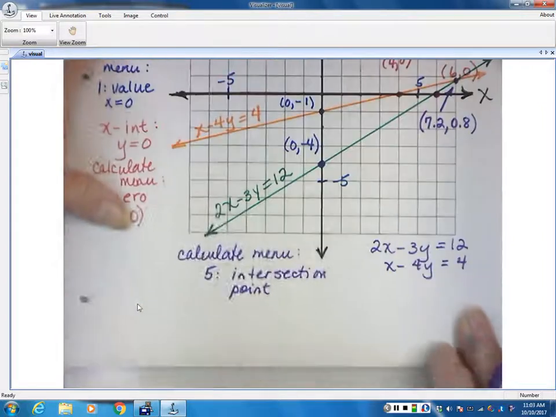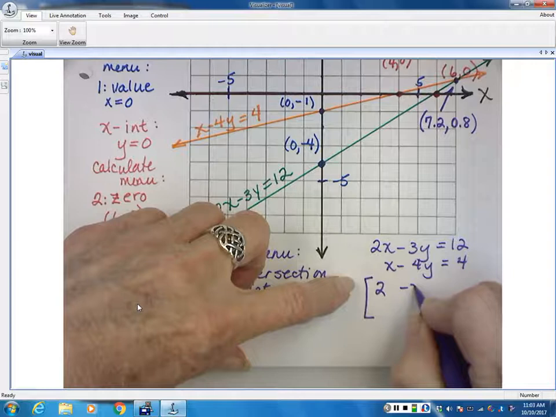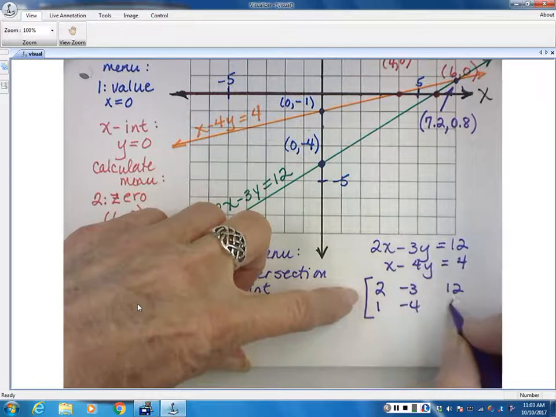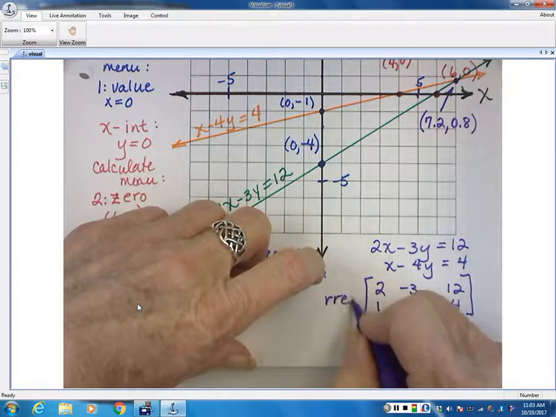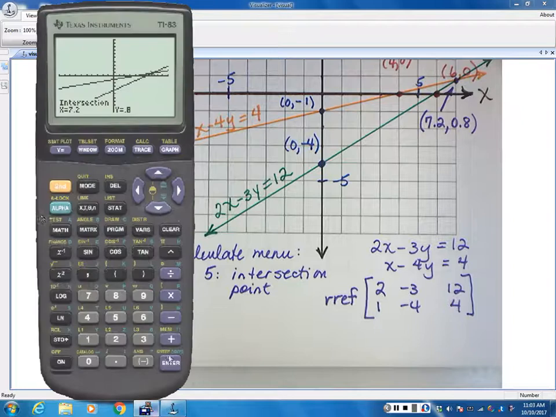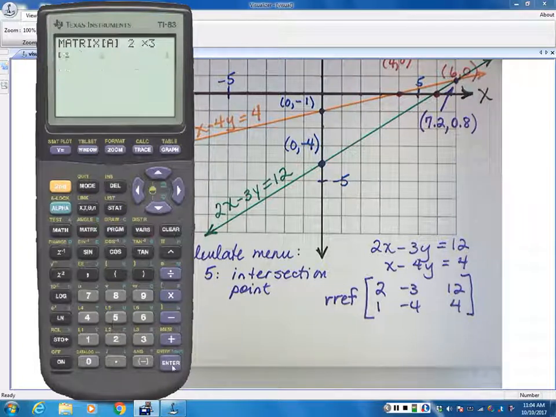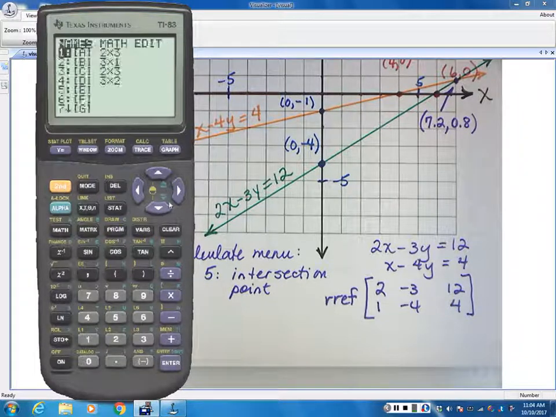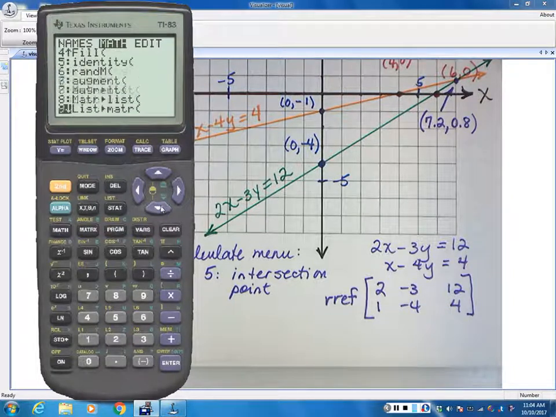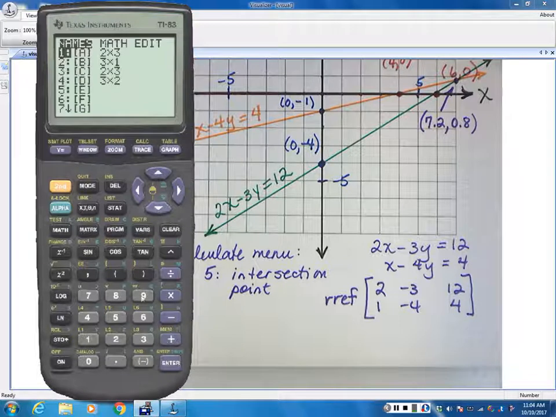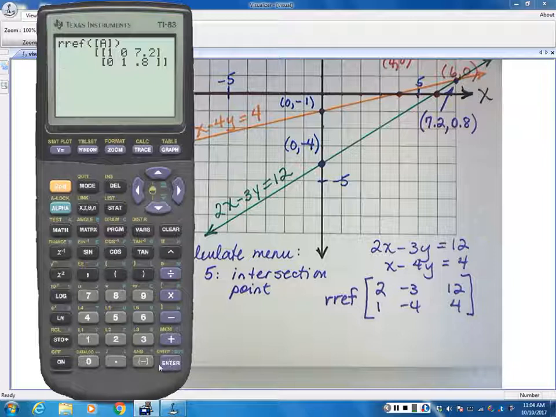And I could have turned that into a matrix and do reduced row echelon form on that matrix. And it shows you the exact same thing.